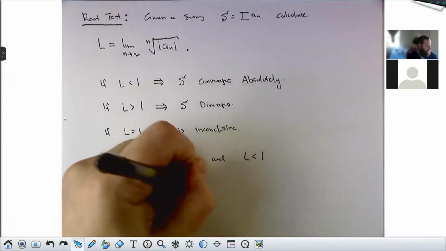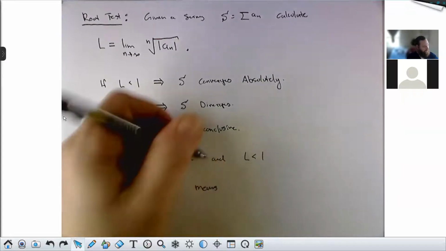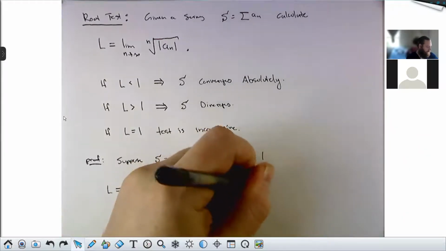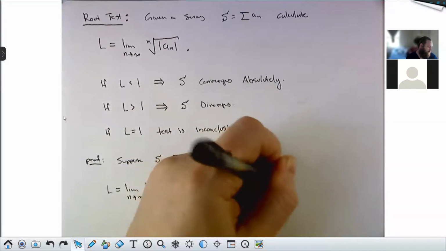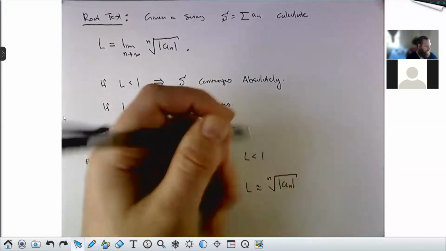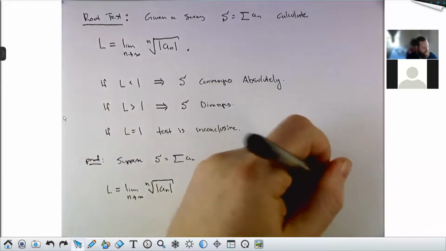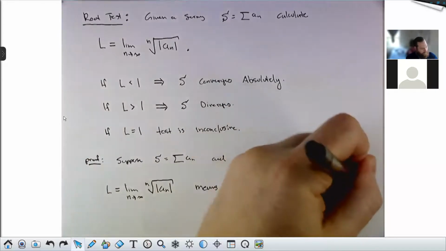What this means is that L is approximately equal to the nth root of the absolute value of an for large values of n.